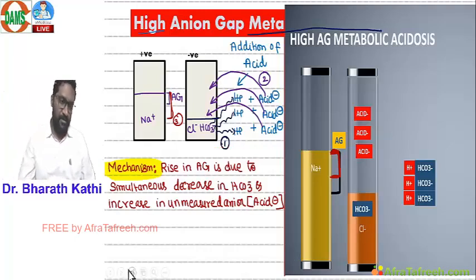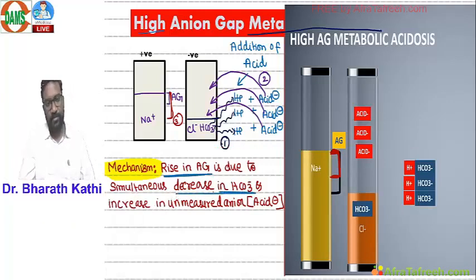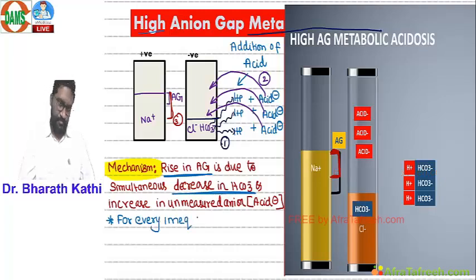If you see in the ABG, you can only notice a rise in anion gap and a decrease in bicarbonate. You don't see this unmeasured anion. That's why there is a relation. For every 1 milli equivalent increase in anion gap, there will be an equal amount, 1 milli equivalent, decrease in bicarbonate.